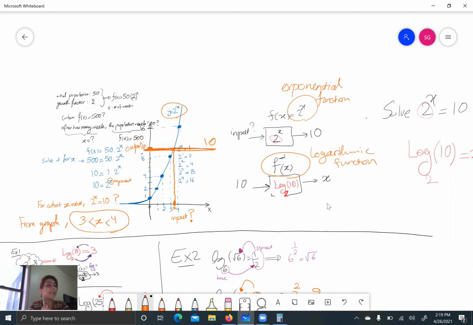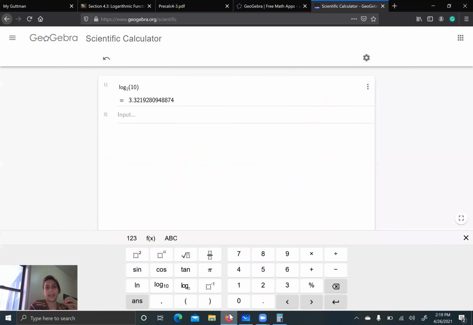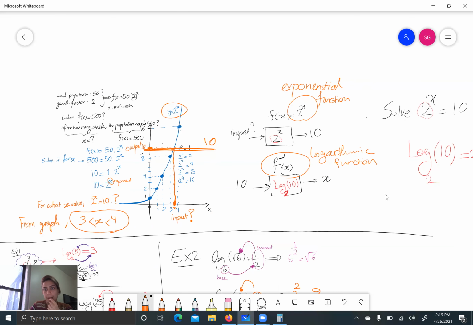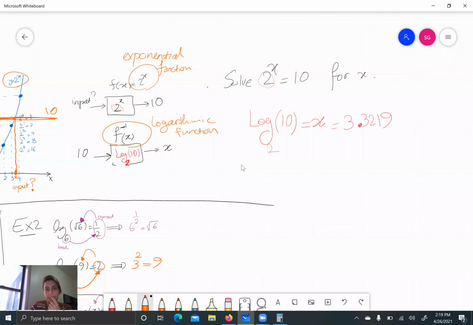So we estimated that it should be 3 point something, but we didn't know the exact value. In some cases, we don't need the estimation, we need the exact value, and the exact value is right here: 3.3219 and more decimals, which we can round if we want.